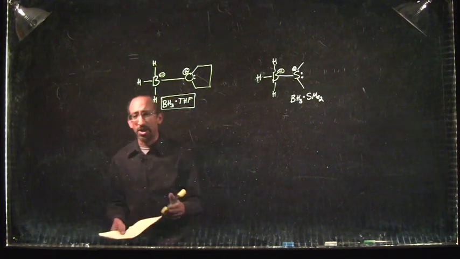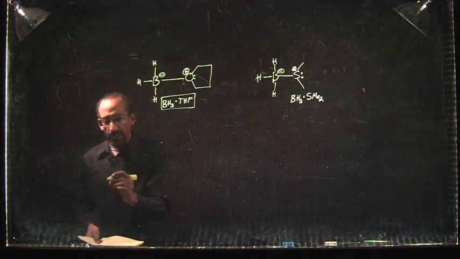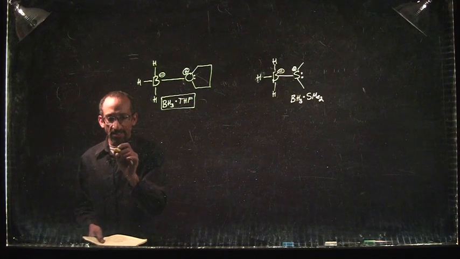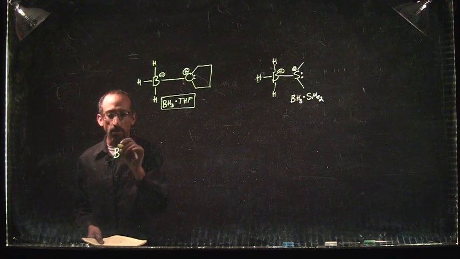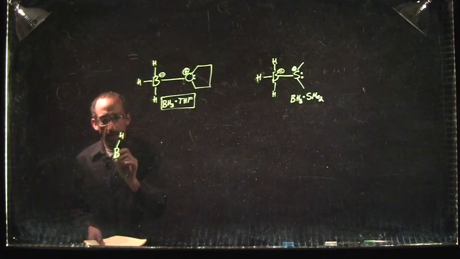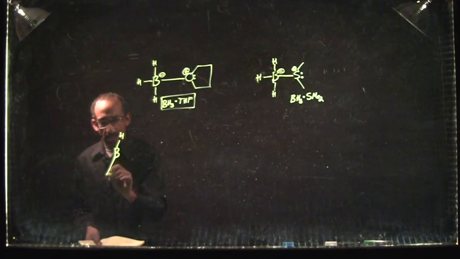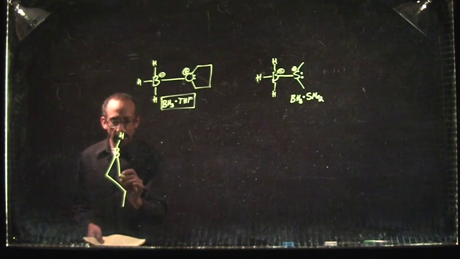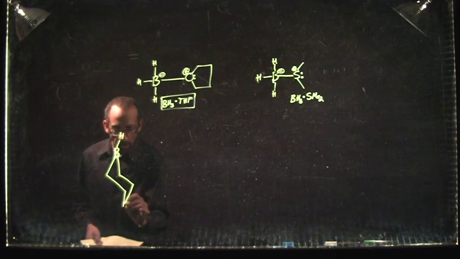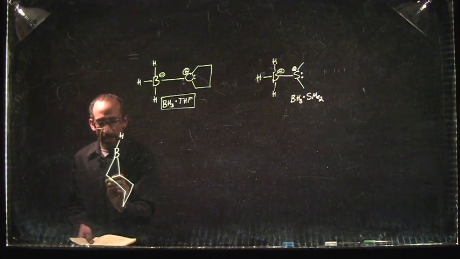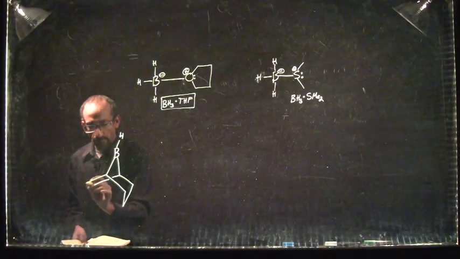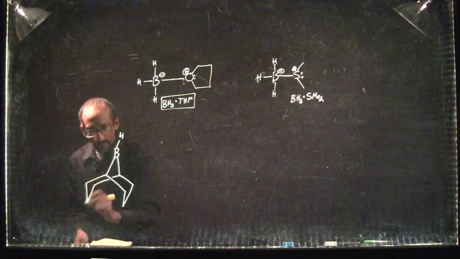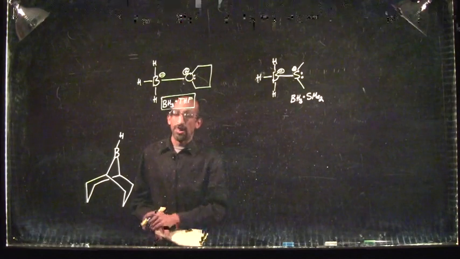The next one I'm going to show you is one that we use a little less frequently, but it's still an excellent choice for a borane reagent. This is known as 9BBN. What we have is a boron bridging a cyclooctane ring.